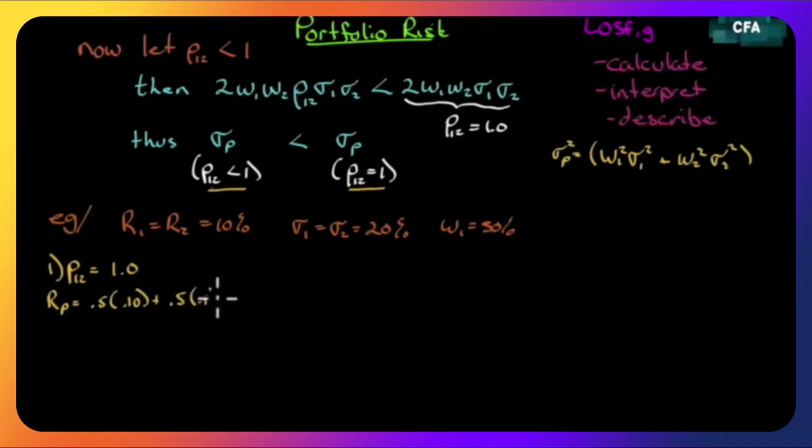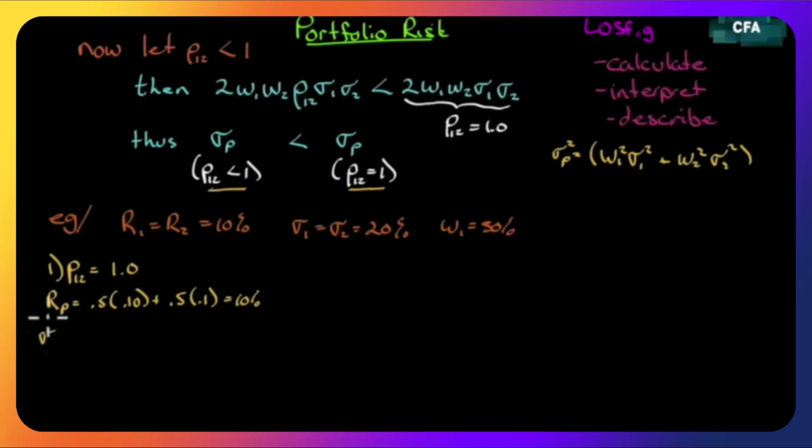Our return equals 10%. That would have been easy to figure out. And we're going to see as we cycle through the correlations that this simply does not change. All we're concerned about now with diversification is reducing our risk.